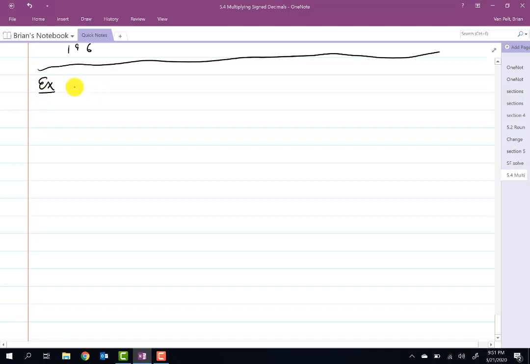Let's try negative 434 divided by negative 0.02. The two negatives will cancel, so I don't have to worry about that part. Now, since there's no decimal involved in the 434, let me put 0.0 because I'm going to be moving its decimal to the right.